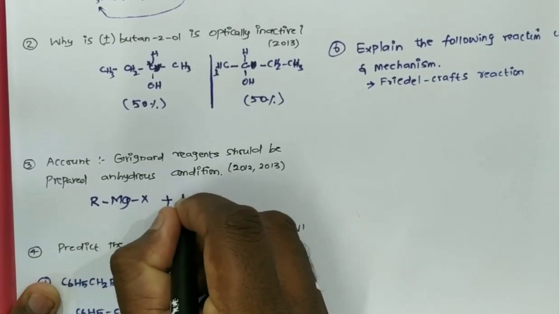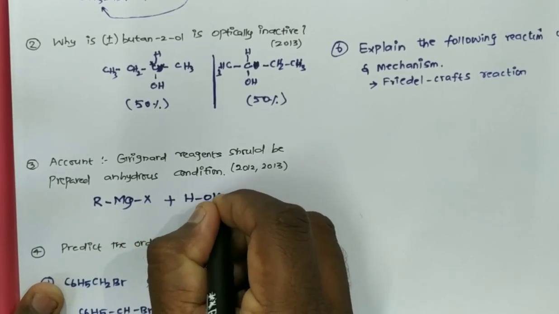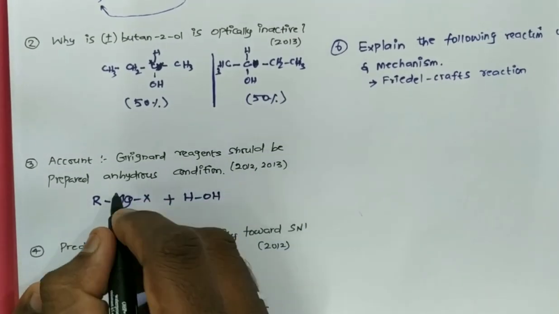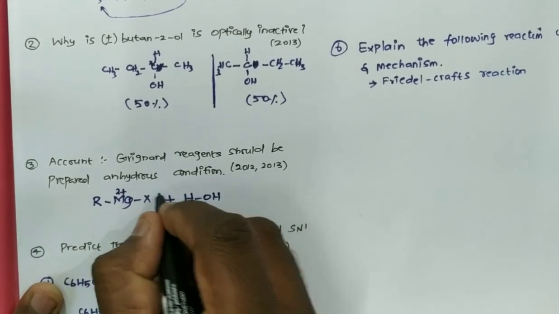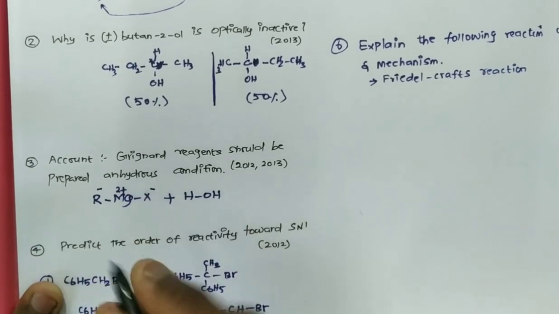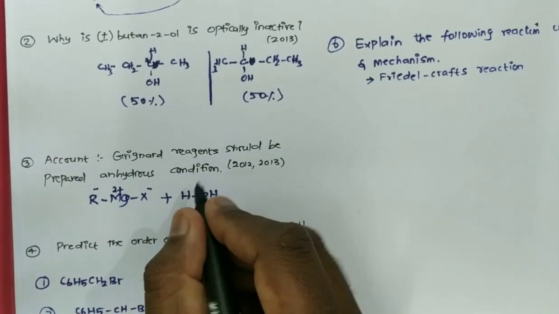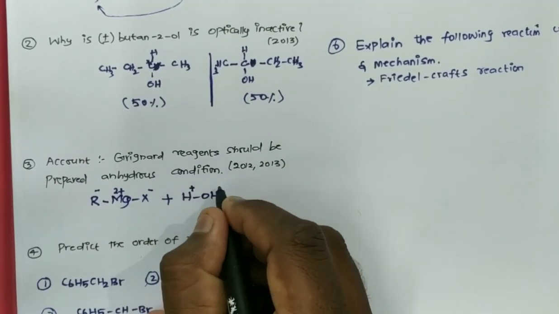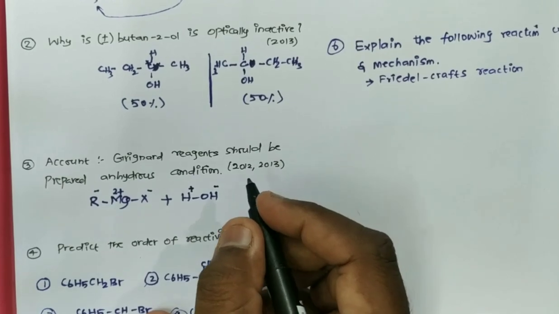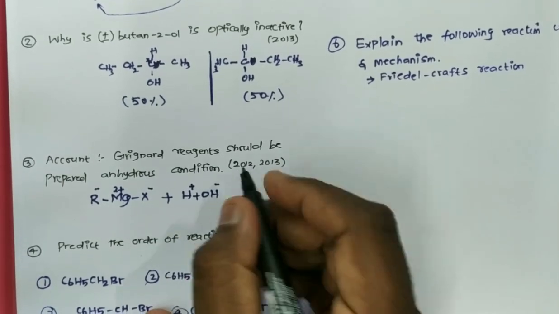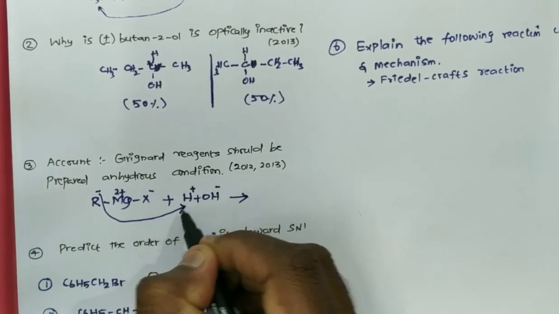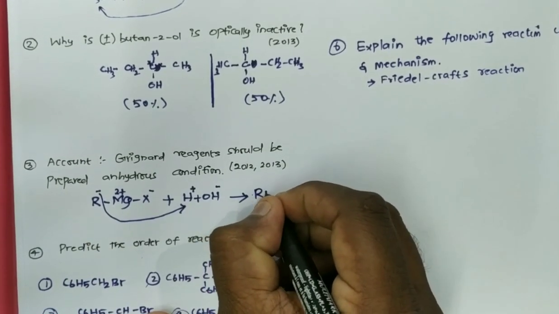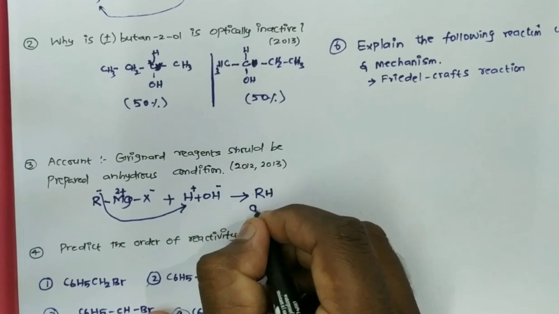If I take water, HOH, here the charge of the metal will always be 2+. If it is 2+, this will be minus, and this will also get 1 minus. Now water is polar, so it has a positive and a negative charge. Now what will happen? This R minus will come and attack and it forms RH, which is an alkane.